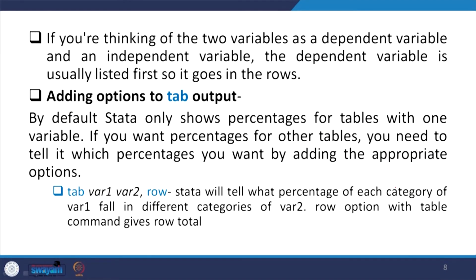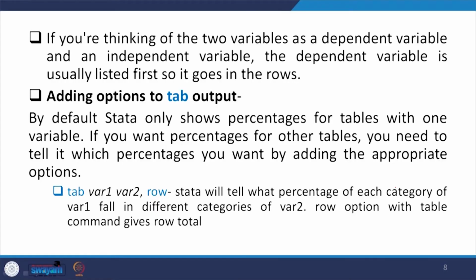If you are thinking of the two variables as a dependent variable and an independent variable, the dependent variable is usually listed first, so that it goes in the rows. Likewise, in our result it goes like this.